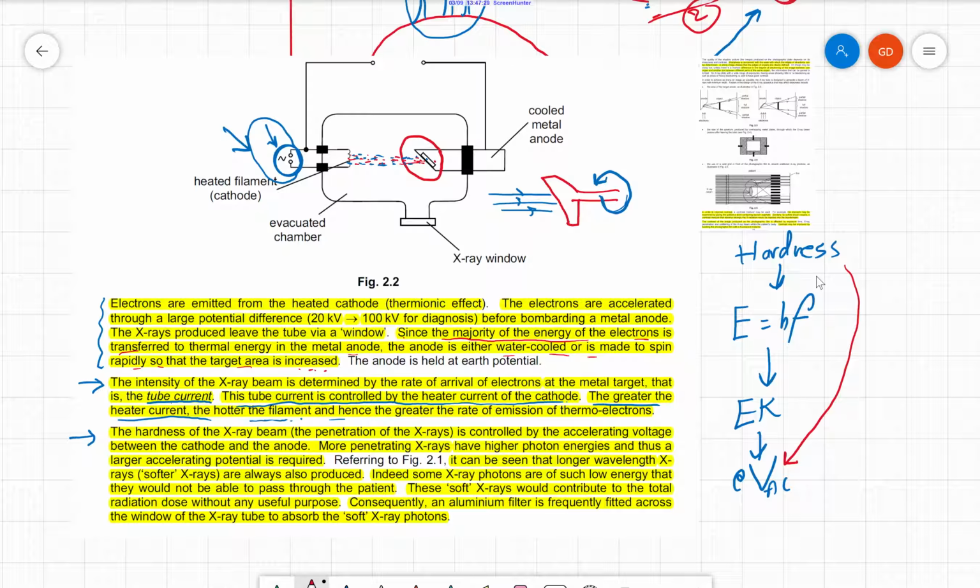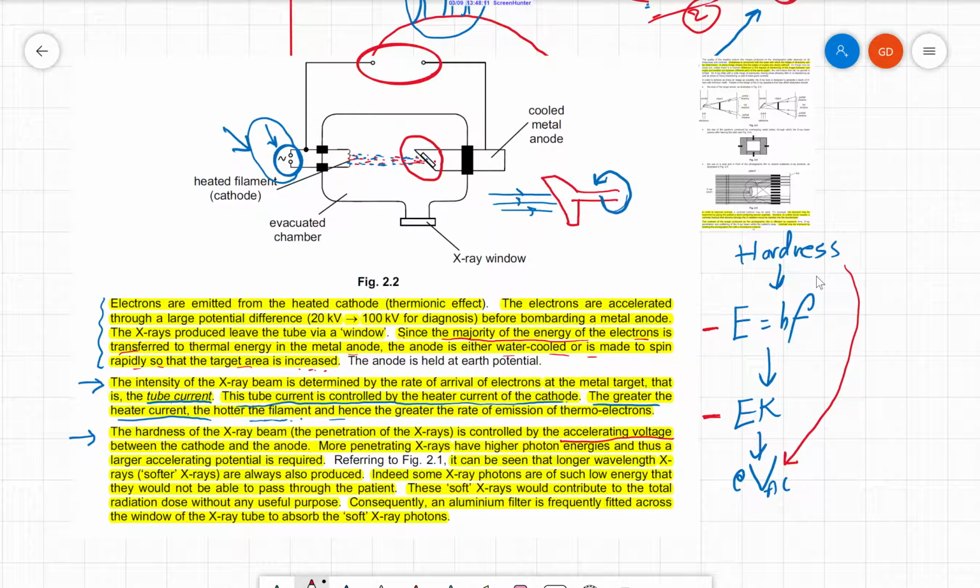The hardness of the X-ray beam, the penetration of the X-rays, is controlled by what? By the accelerating voltage. This accelerating voltage is the anode cathode voltage between the cathode and the anode. So for more penetrating X-ray, meaning harder X-ray with higher photon energy, a larger accelerating potential is needed, while what is not needed is the X-ray with a lower frequency.